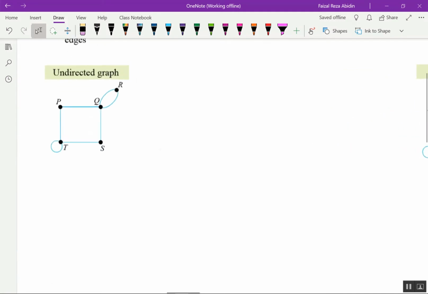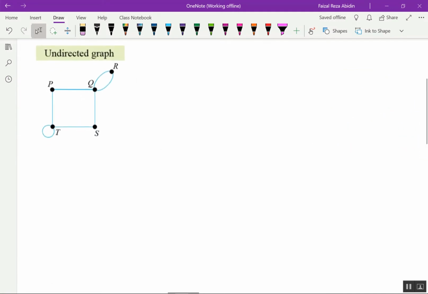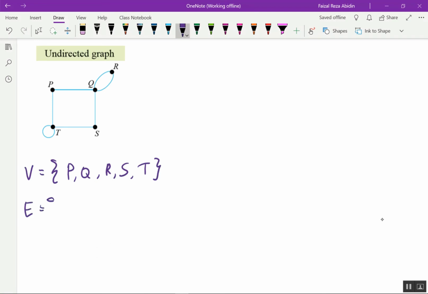First of all, for this undirected graph, I want to list my vertices. What vertices do I have here? P, Q, R, S, T. Correct. Next, I'm going to look at my edges.